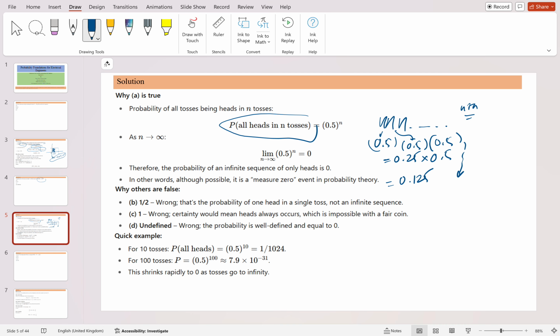Initially it was 0.5, then it dropped to 0.25, then 0.125, and then it will lower further. When you take it to infinity, it will go on decreasing towards 0, not completely 0, but nearly equal to 0. So that's why the correct option will be 0.